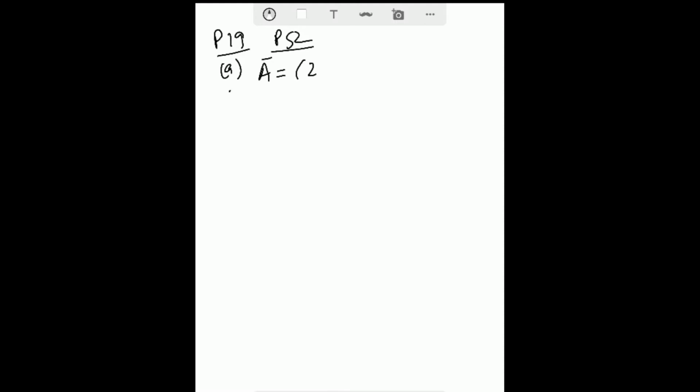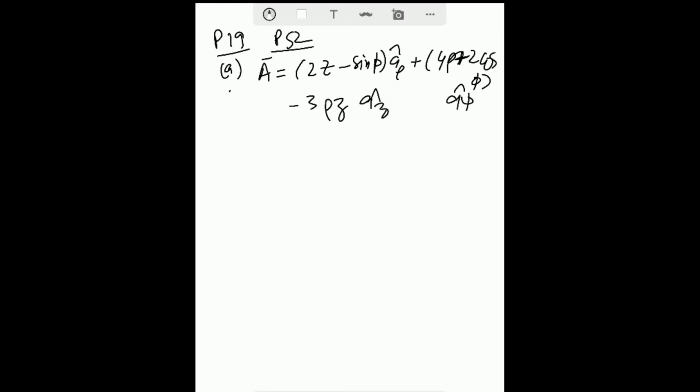Vector A is 2z minus sine phi a rho plus 4 rho plus 2 cosine phi a phi minus 3 rho z a z, and B vector is equal to rho cosine phi a rho plus sine phi a phi plus a z.